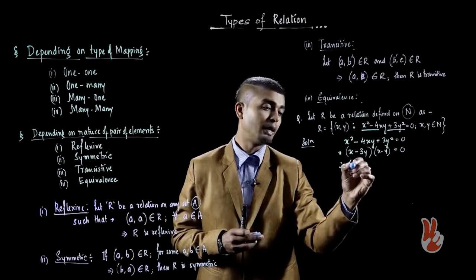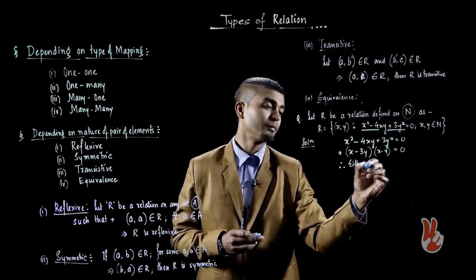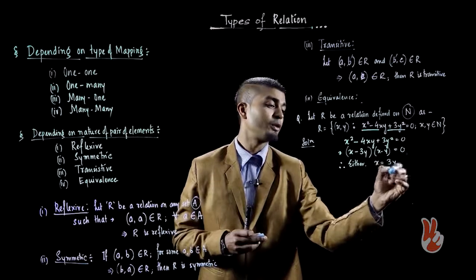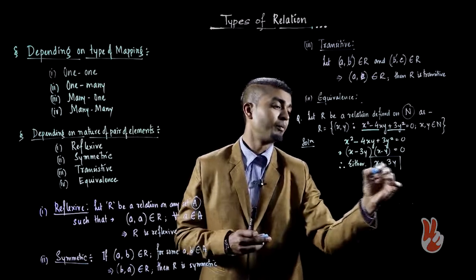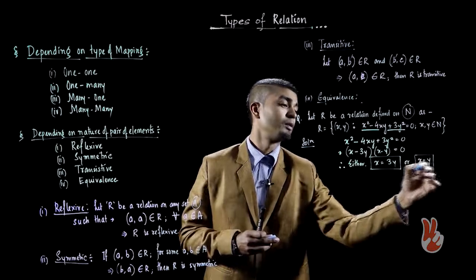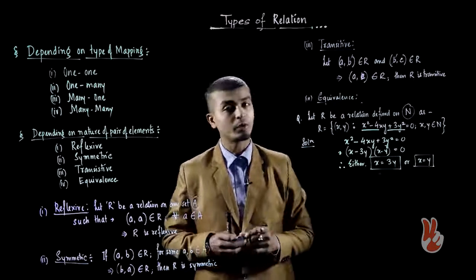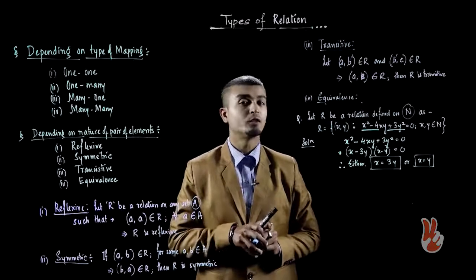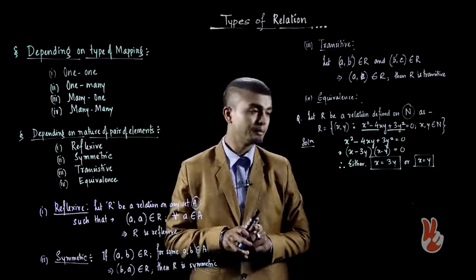Therefore, either x will be equal to 3y or x will be equal to y. So, these are the two component equations that we will be getting for the relation R. Okay?